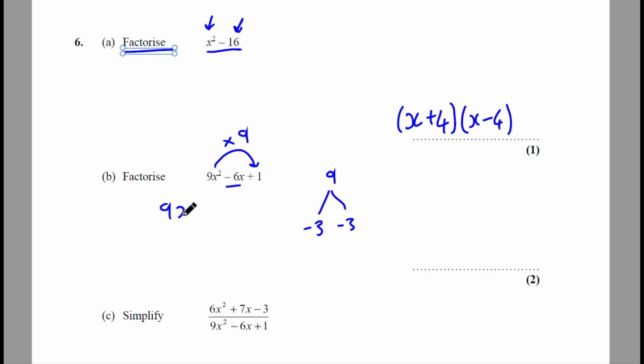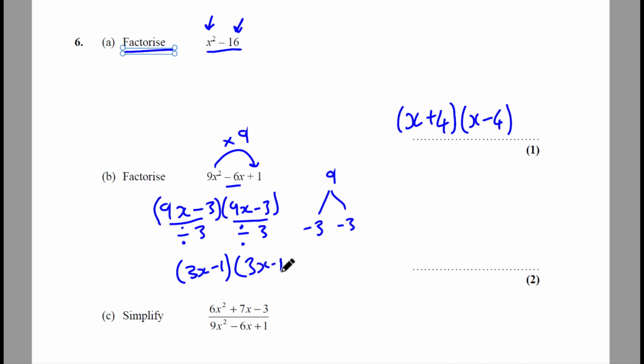So how I do it, I just write 9x minus 3 and 9x minus 3. Now as we've multiplied by 9, I need to divide the total by 9, and we want these to be whole numbers, so this has to be divided by 3 and divided by 3, this bracket and that bracket. So that becomes 3x minus 1 and 3x minus 1.